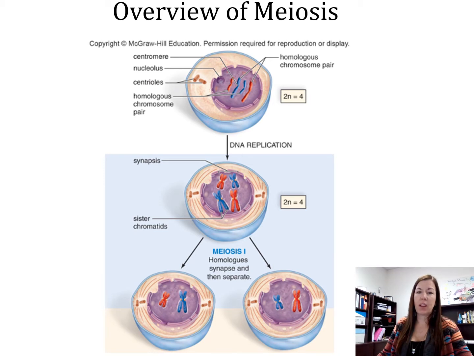There are these from dad, these from mom. Those are going to divide. Once the first nuclear division happens, half the homologs are going to one cell, half the homologs are going to the other cell. So some are going this way, some are going this way.